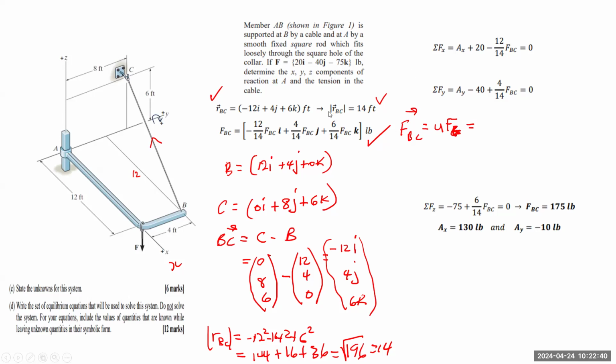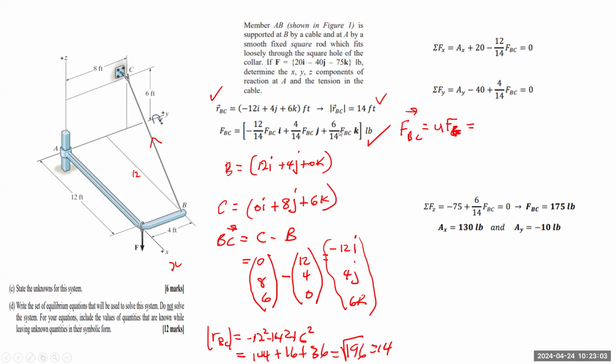All right. So for the first one, what we did now, we sum the forces in the X. Remember, we were focusing on this one first, and we have some values here. The position vector gives you the force FBC in terms of the unit vector, but we don't actually know all the values.